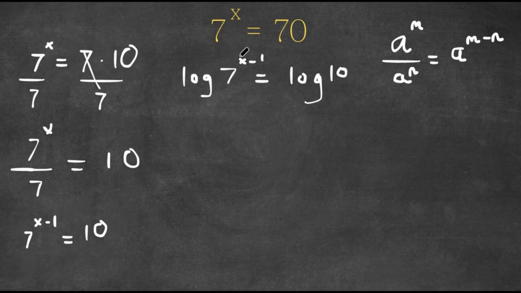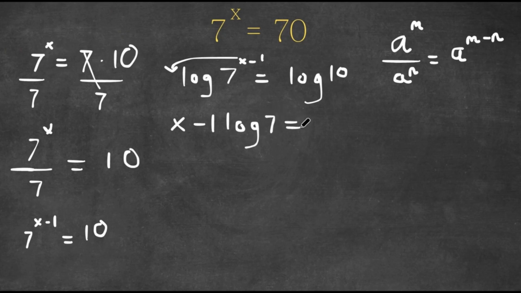Now, the power property of logarithms states that I can actually move this exponent here to the front of the log. So now this would be x minus 1 times log 7 is equal to log 10. Now I'm going to divide both sides by log 7.